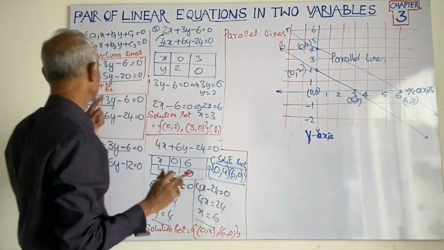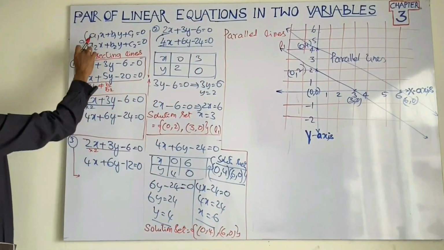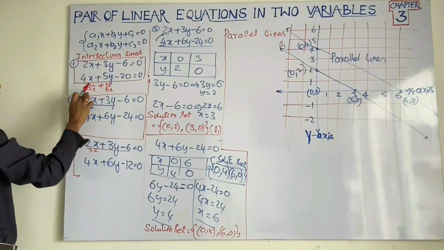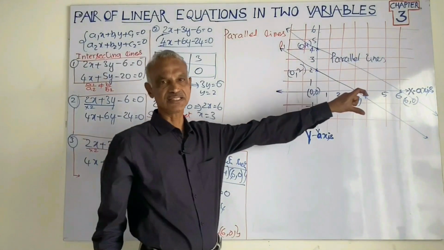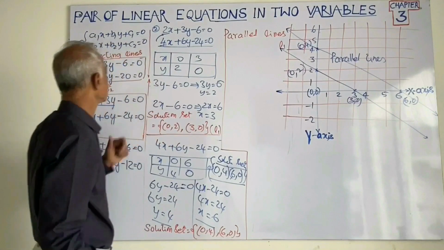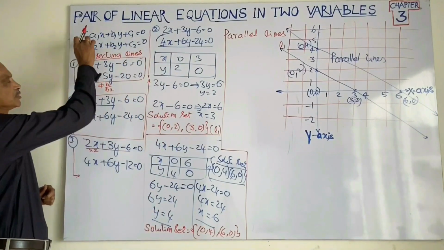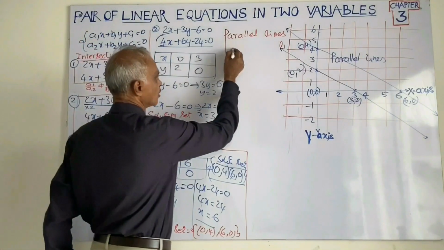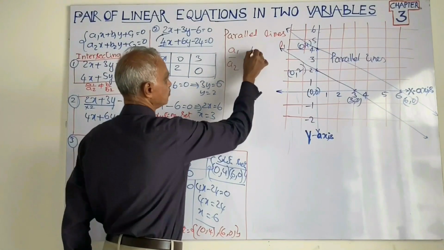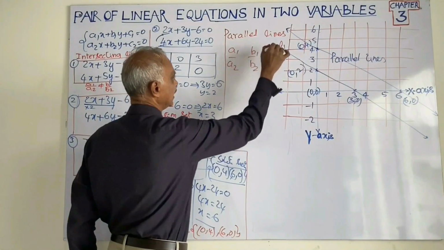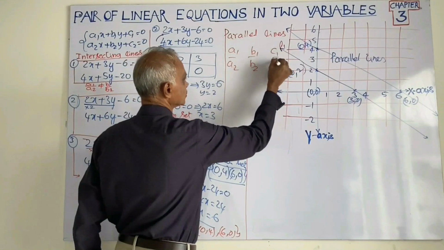Now, for intersecting lines the ratio of the coefficients a1 by a2 is not equal to b1 by b2. For parallel lines, what is the ratio? We will observe the ratio of a1 by a2, b1 by b2 and c1 by c2.